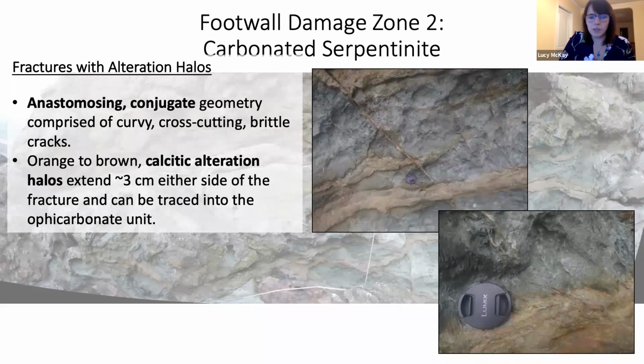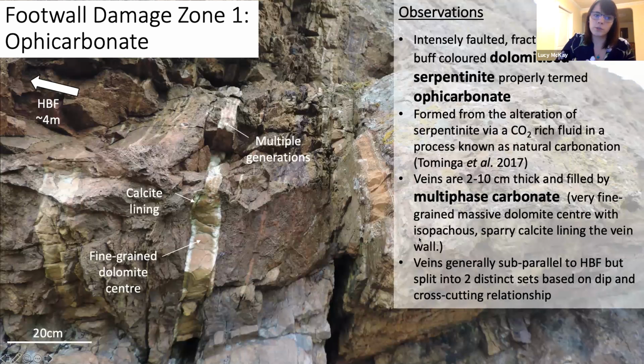So in the damage zone, you can see clearly fault damage, but increasing towards the main slip plane of the fault, you've got this footwall damage zone 1 unit, which is a dolomitized serpentinite, properly termed ophicarbonate, which forms from the alteration of serpentinite via a carbonate, CO2-rich fluid.